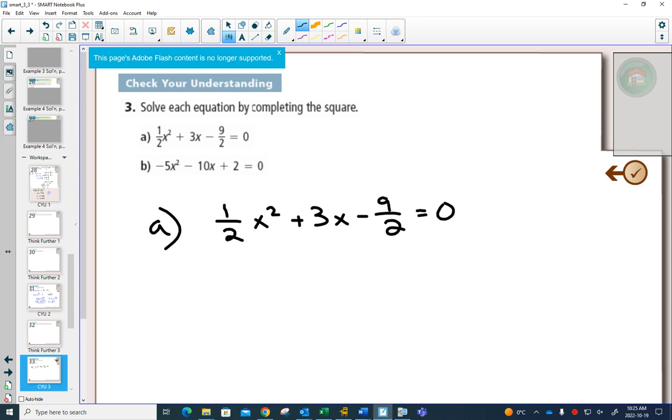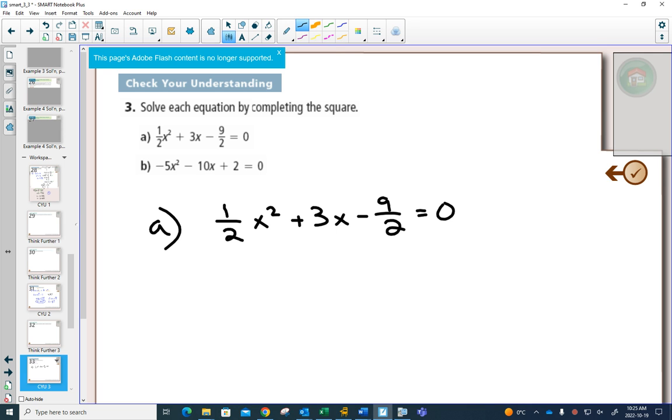So if you have a fraction, especially if you have a number in front of the x squared, like I have a half in front of there, that's going to make my completing the square more difficult because it's not an easy thing to think about. Get rid of it. I don't want that half there.